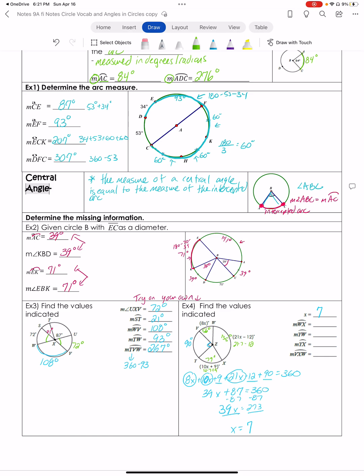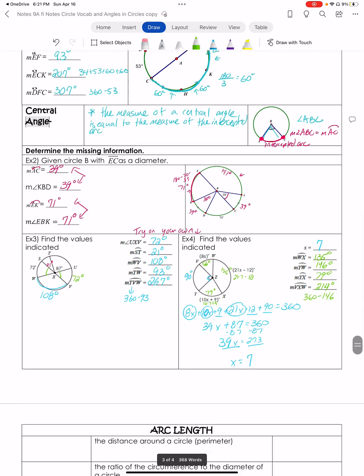So XW is 135 degrees, YW is 146 degrees, YX is equal to 79 degrees, and then VXW is going to be, and we could do 360 minus 146, is 214 degrees.